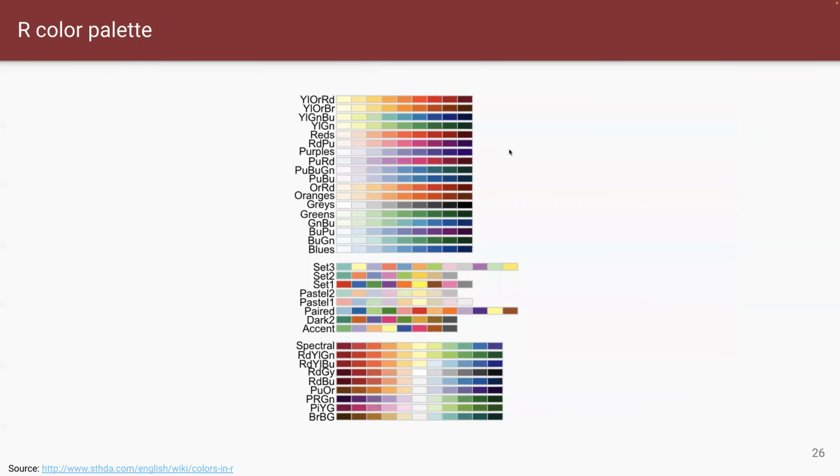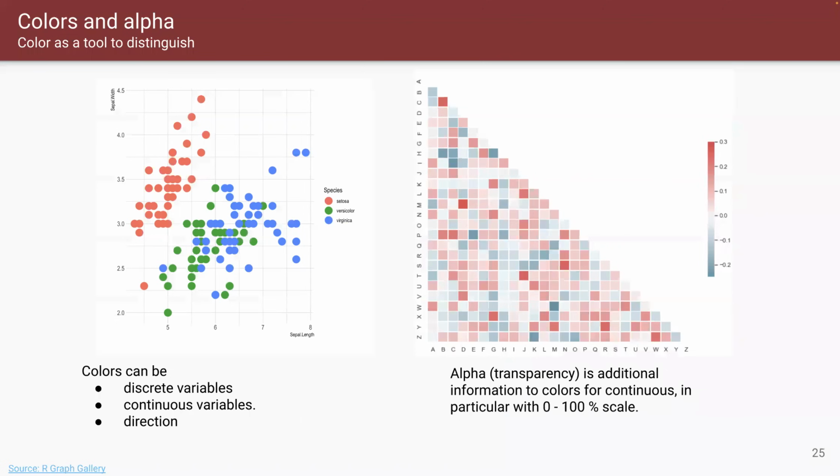And if you want to use colors, there are always good choices for colors, right? So ggplot gives you the ggplot default colors. If you use ggplot, it always chooses 3 colors in this order.